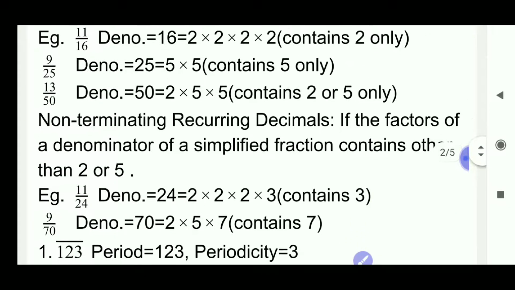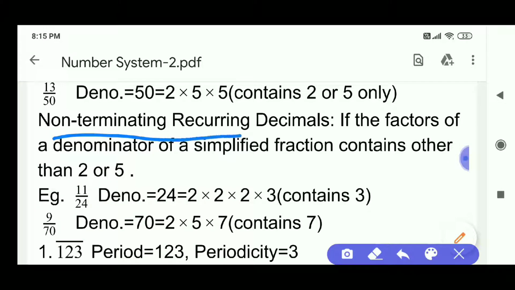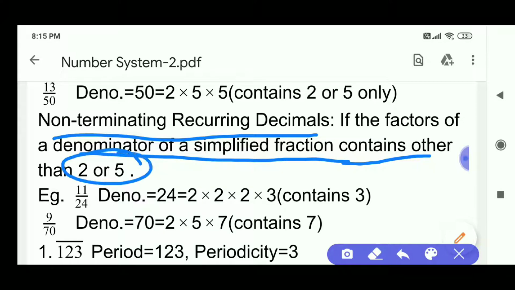Now come to non-terminating recurring decimals. If the factors of a denominator of a simplified fraction contain other than 2 or 5, then it is a non-terminating recurring decimal. Example, take 11 by 24. Prime factorization of 24 is 2 into 2 into 2 into 3, which contains other than 2 or 5, that is 3.